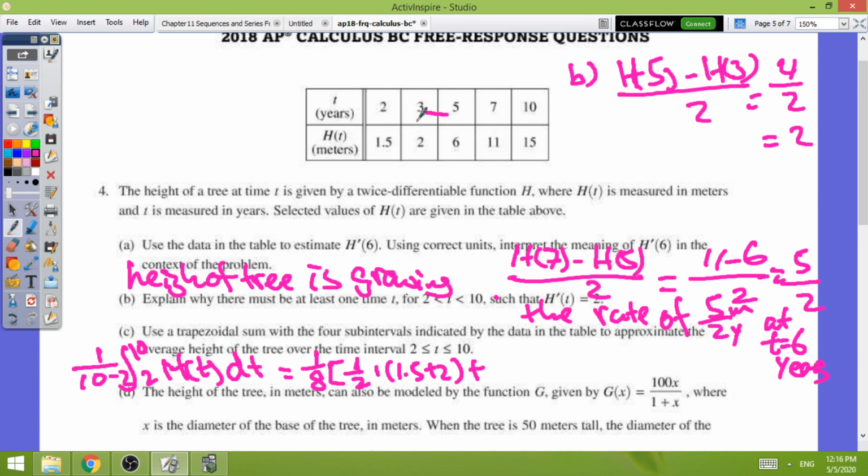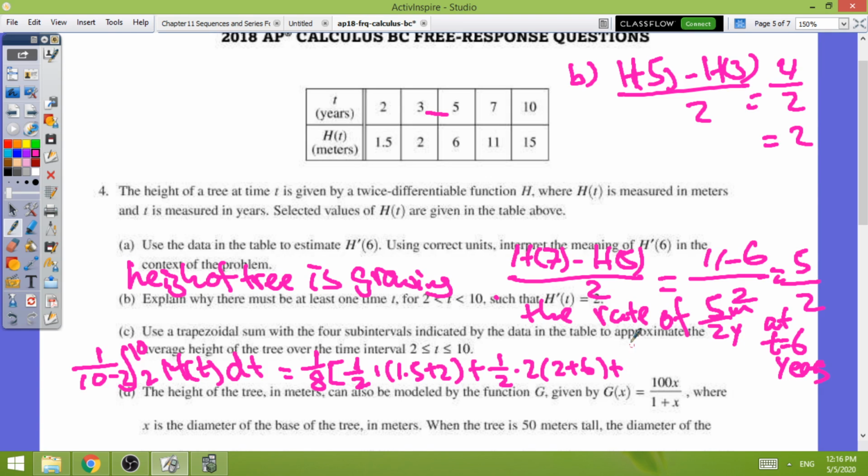For the next interval, you want to use that as the lower base for the new trapezoid, so it's 1/2. The time interval from 3 to 5 is 2, so 1/2 times 2, times 2 plus 6.